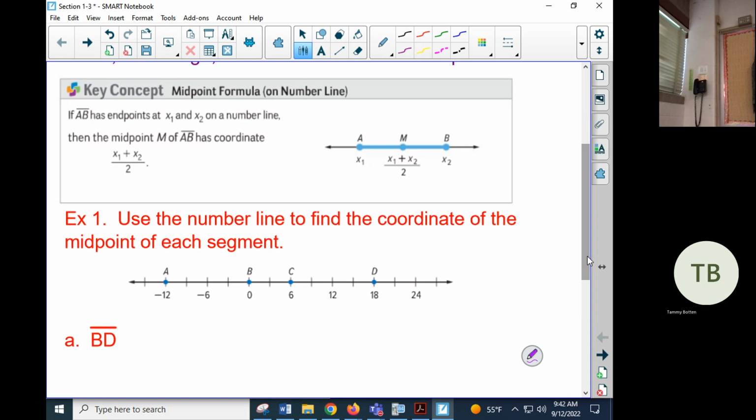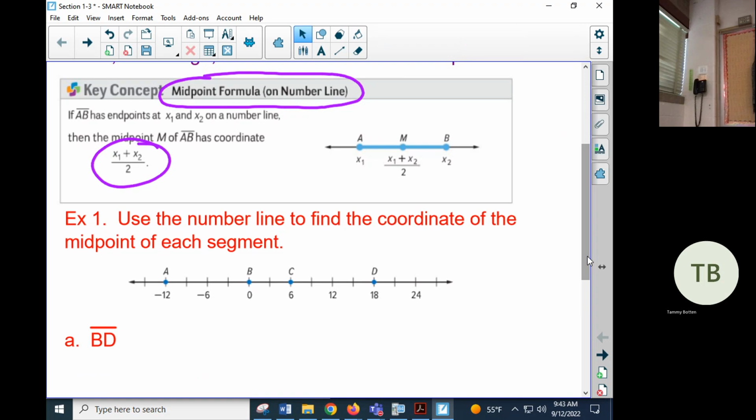So if you are somebody like, oh, I'd rather have a formula for this, for the number line, you certainly can copy this down. The thing about the midpoint that you have to be careful of is, if you're doing it on a calculator, you want to hit enter before dividing by 2.